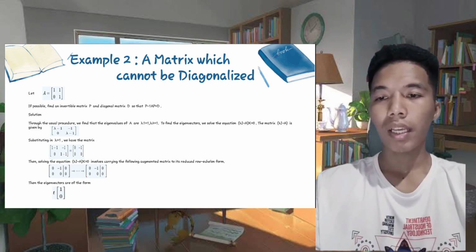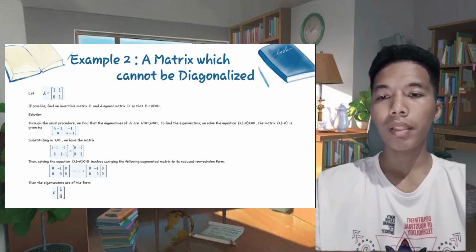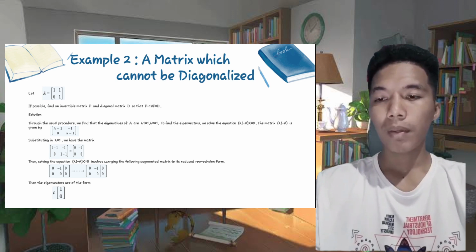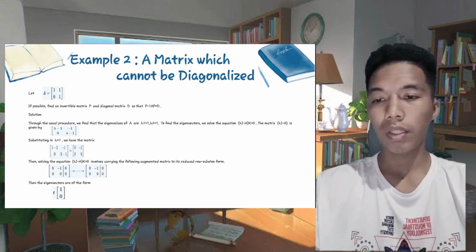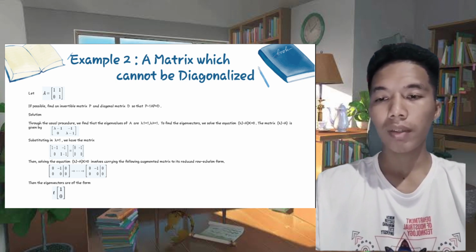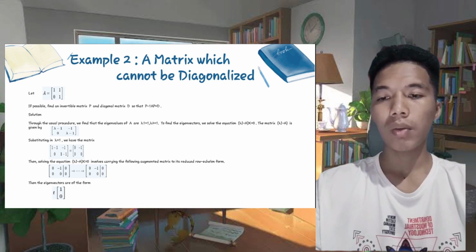Substituting in λ equals 1, we have the matrix 1 minus 1, negative 1; 0, 1 minus 1, which equals 0, negative 1; 0, 0. Then solving the equation (λI minus A)x equals 0 involves carrying the augmented matrix to its reduced row echelon form.